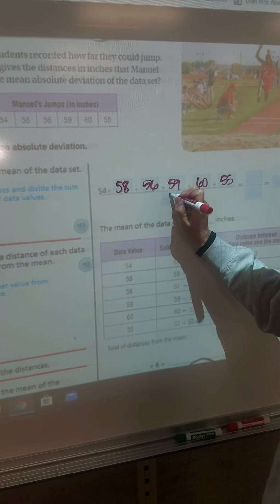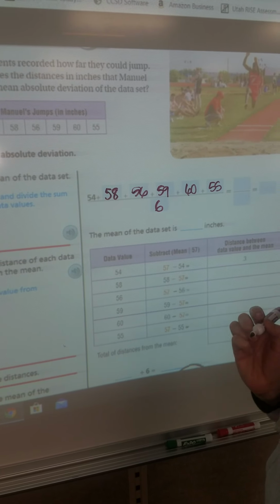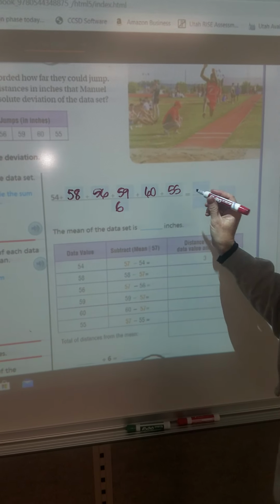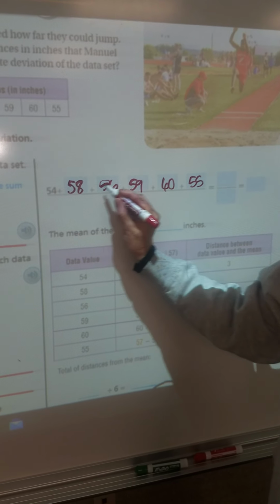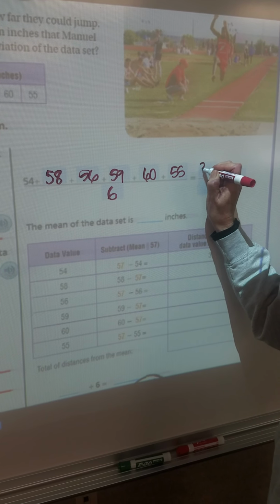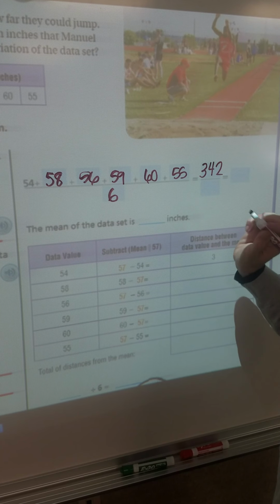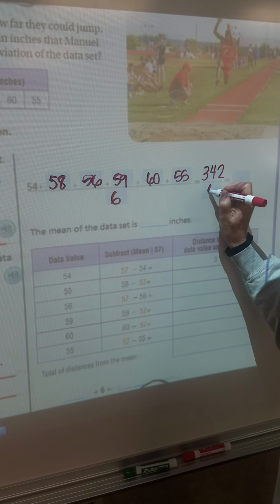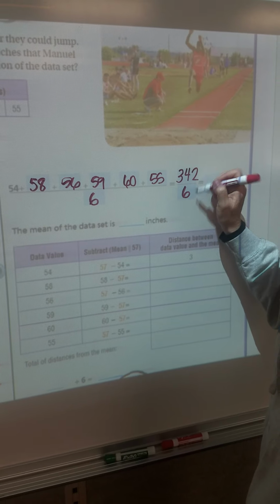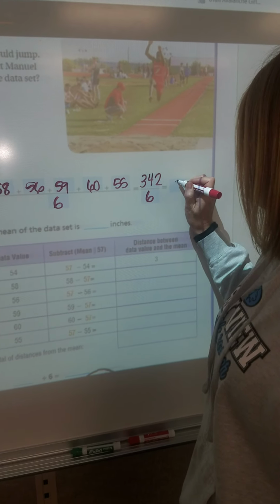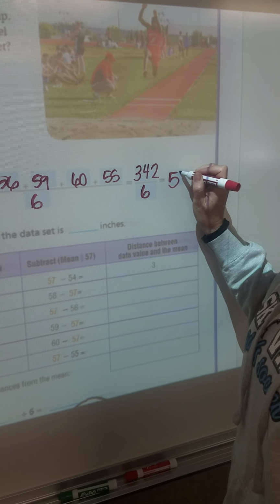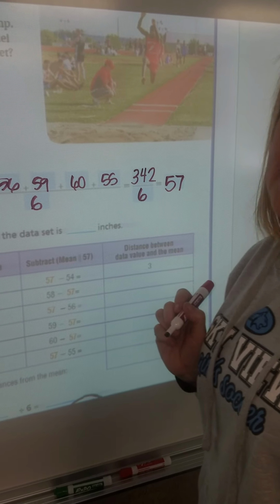And we're going to divide all of those by 6. Now, just to save time, boys and girls, I've already added those up with my calculator, and that equals 342. And we have 6 data values. And so when we divide that, 342 divided by 6, our mean is 57.